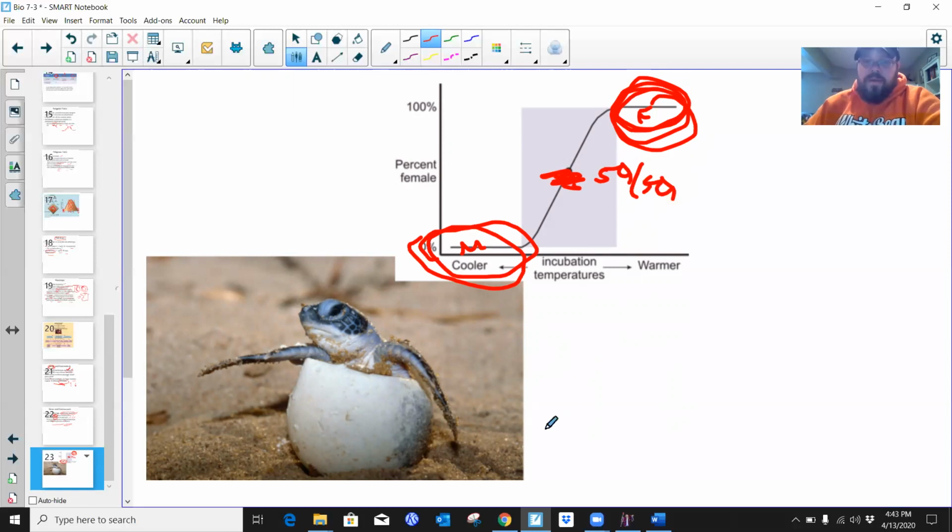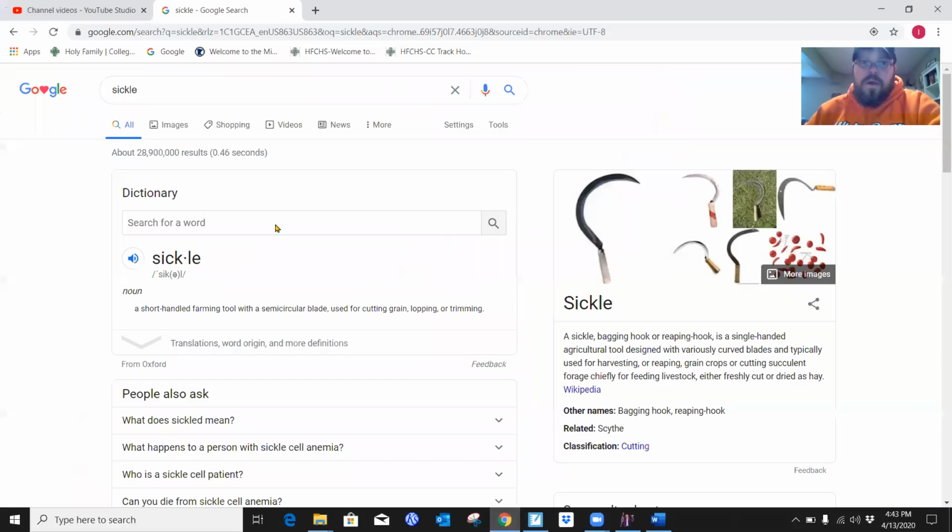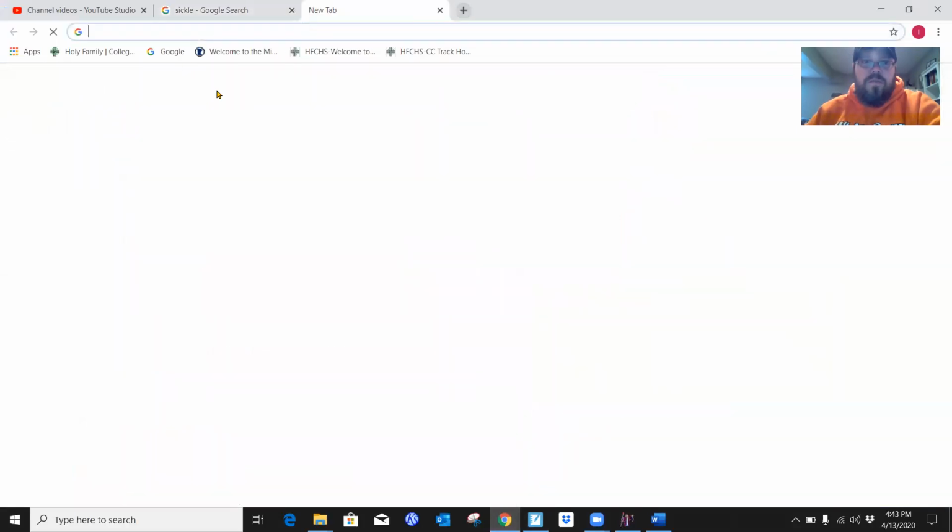Another example of genes and the environment, let's go to this. This is kind of cool.